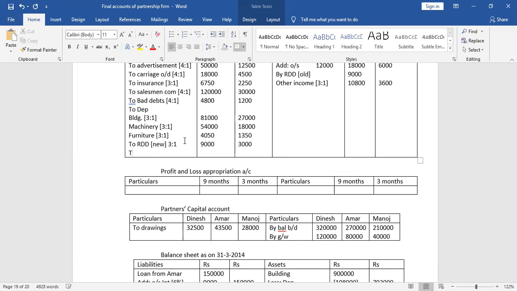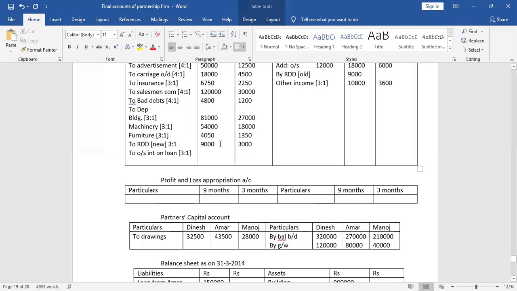To outstanding interest on loan. कौन से रेशो में? 3:1. So what you get? 9,000 को कैसे डिवाइड करेंगे? 6,750 and 2,250.